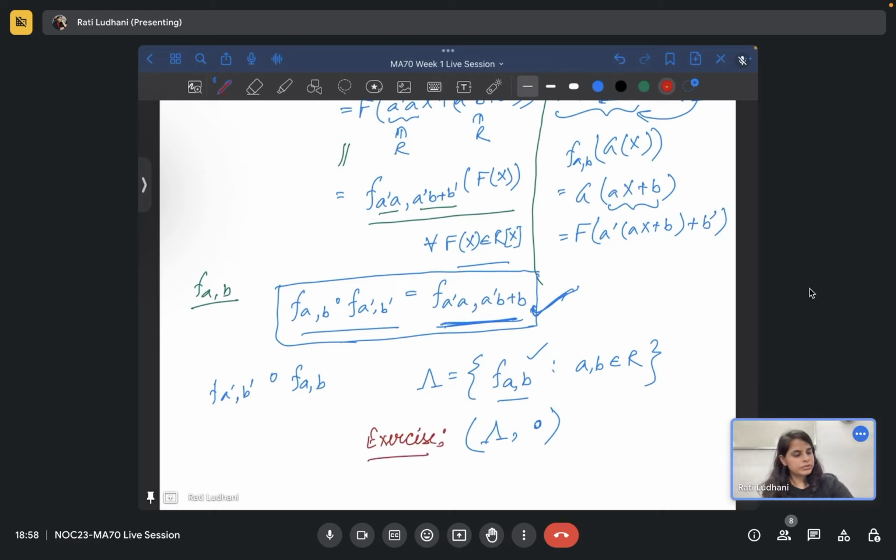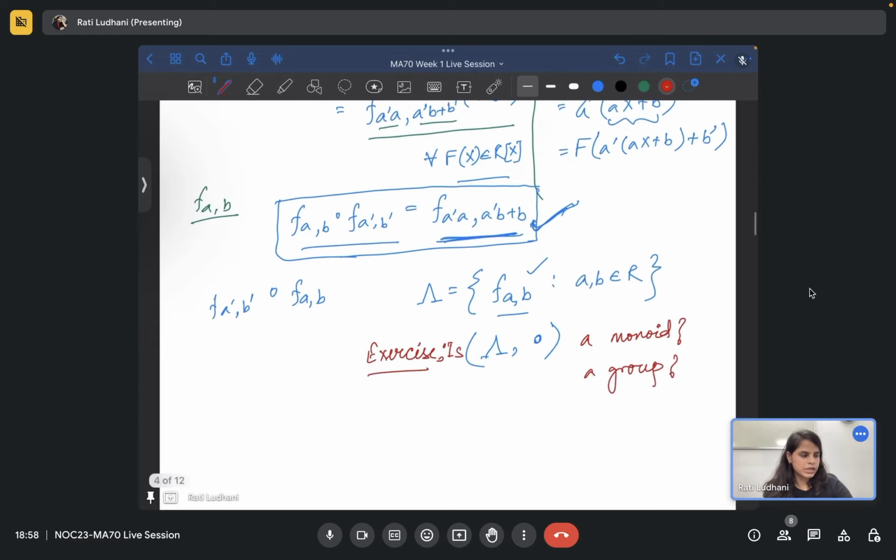What kind of structure does lambda with composition form? Is it a monoid, a group? You can check this.